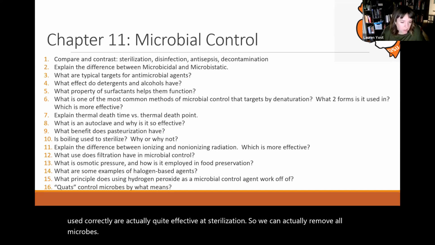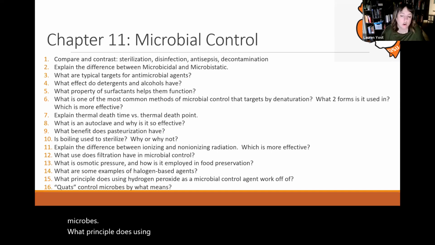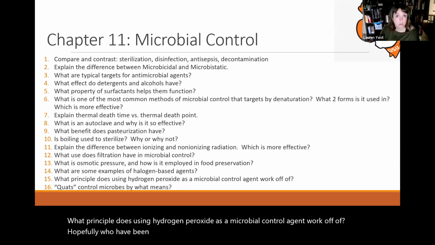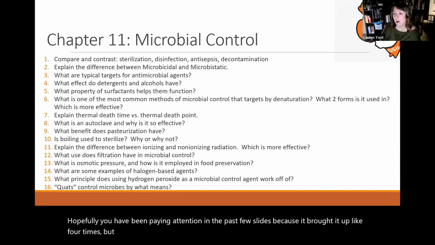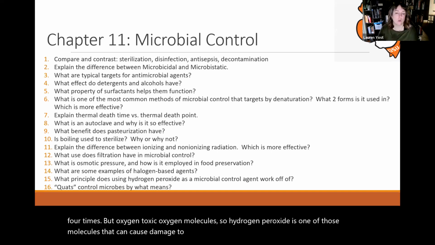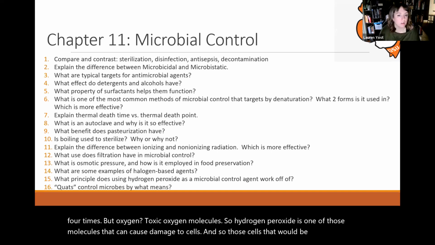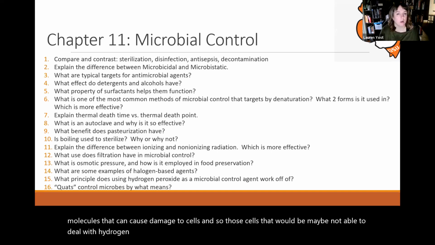What principle does using hydrogen peroxide as a microbial control agent work off of? Hopefully you have been paying attention in the past few slides. I brought it up like 4 times, but oxygen, toxic oxygen molecules. So hydrogen peroxide is one of those molecules that can cause damage to cells. And those cells that may not be able to deal with hydrogen peroxide, the enzyme that does that is called catalase.